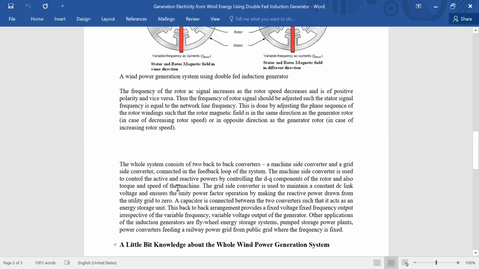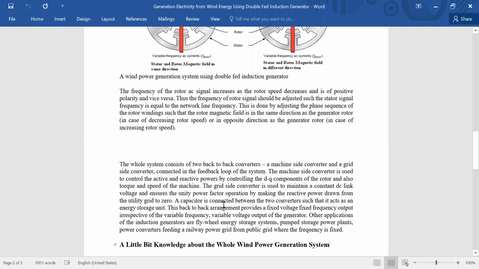The grid side converter is used to maintain a constant DC link voltage, and here we ensure unity power factor operation by making the reactive power drawn from the utility grid zero.